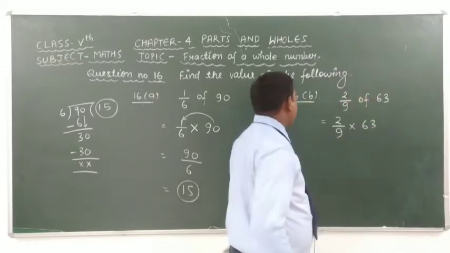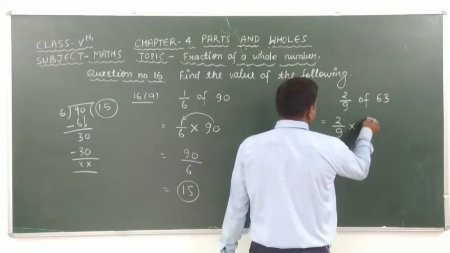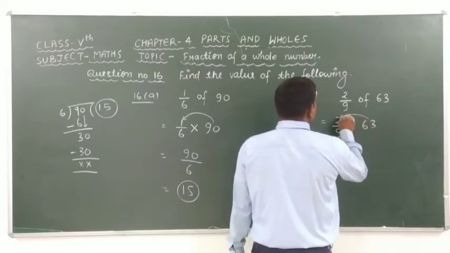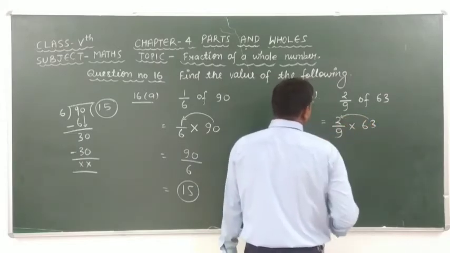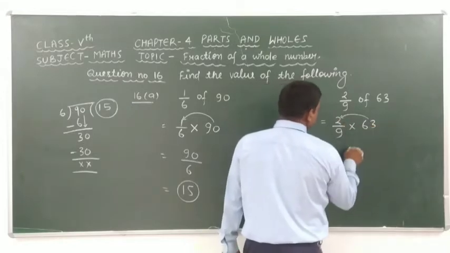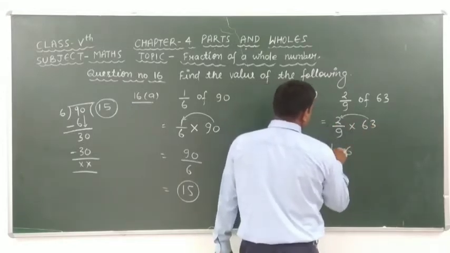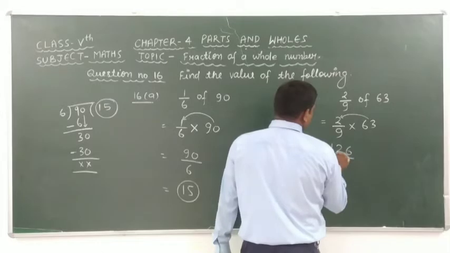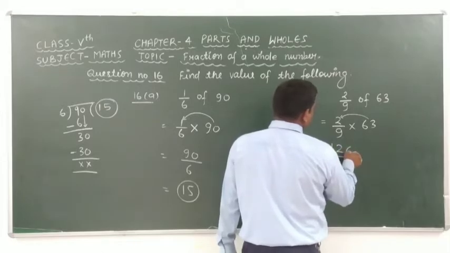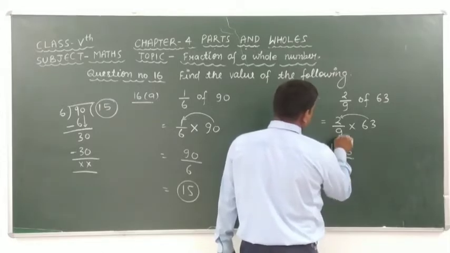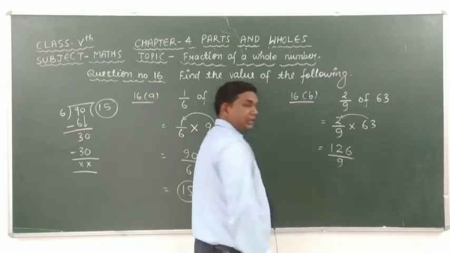Firstly we have to take the multiplication of 63 and 2. 2 times 3 is 6 and 2 times 6 is 12. Here we get 126 over 9. Understand?